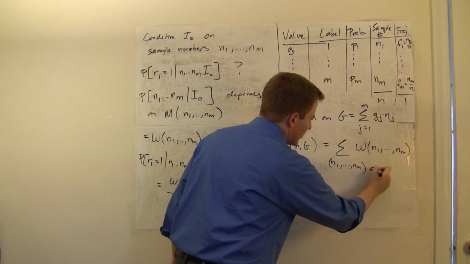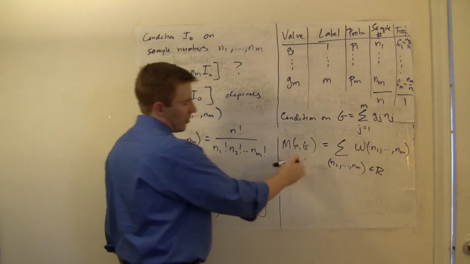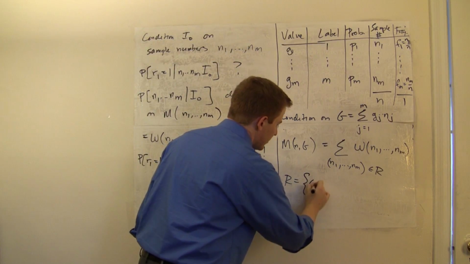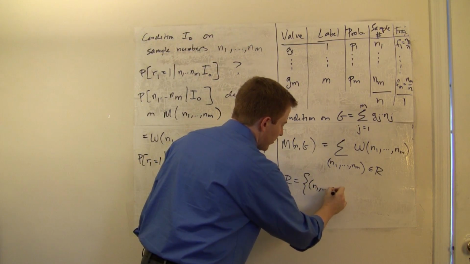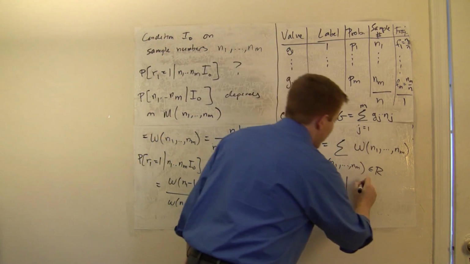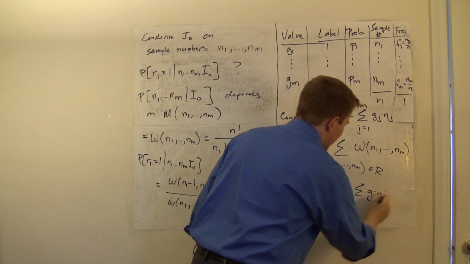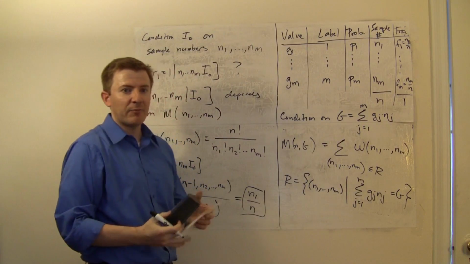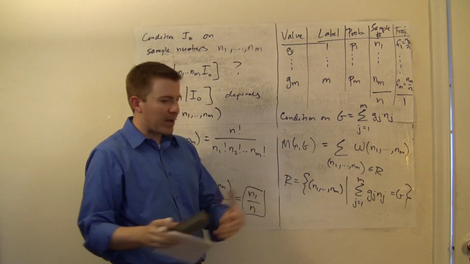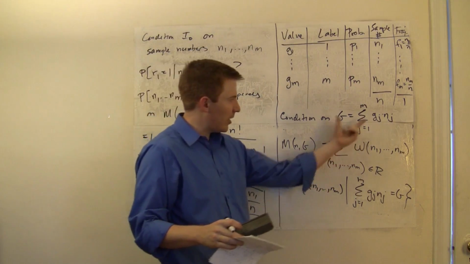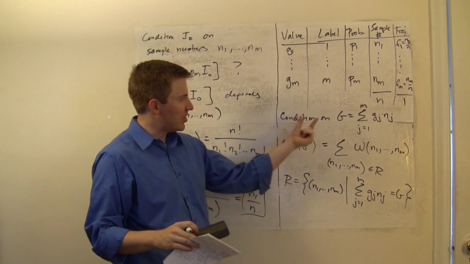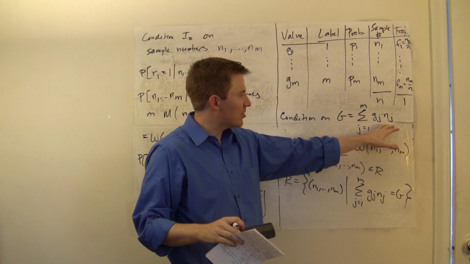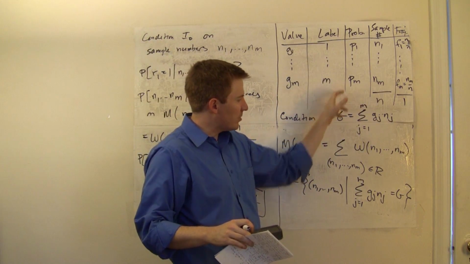So let's just say that these are m-tuples of sample numbers in some set R, where R is the set of possible sample numbers that satisfy this constraint. Okay, I know we're getting kind of heavy with the notation here, but hopefully this makes sense. Basically we're interested in the number of possible sequences of results we can get that satisfy this constraint, where our sum total value equals G. We can write that in terms of the sample numbers, the number of occurrences of each result of each different type.